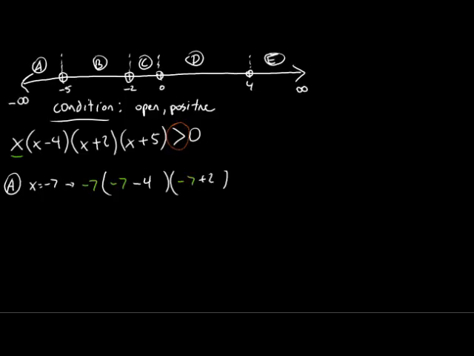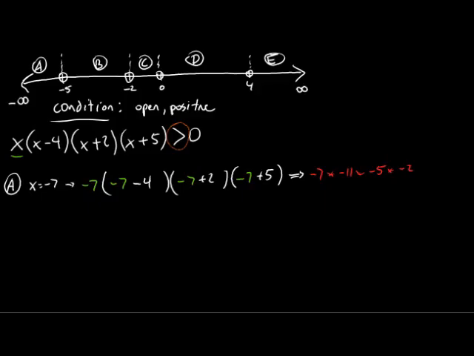And then negative 7 plus 5. Let's have a look at our signs. Our first term is, of course, the negative 7 by itself on the outside. Multiply that times negative 7 minus 4, that's negative 11. Negative 7 plus 2 is negative 5, and negative 7 plus 5 is negative 2.